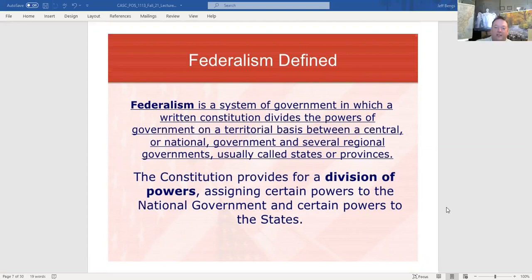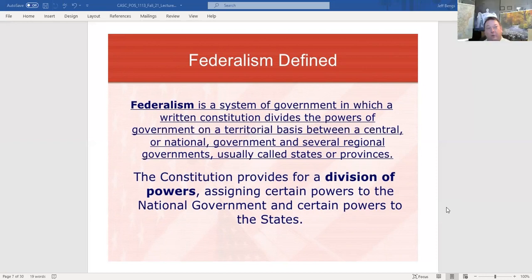So here's the definition of federalism. It is a system of government, and when we talk about system of government, we're thinking of a system that's different than a monarchy or a dictatorship, or even a parliamentary.